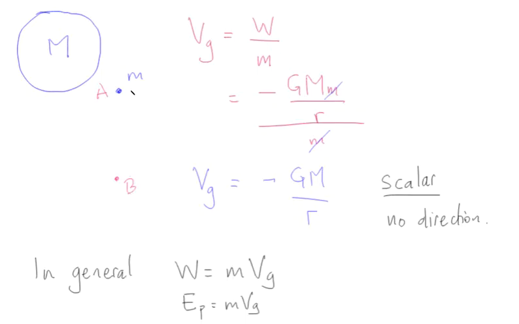Then the work I do on little m is independent of the path I take. I could follow this path, or this path, or I could go straight across here. The work done would still be the same, so it's path independent.